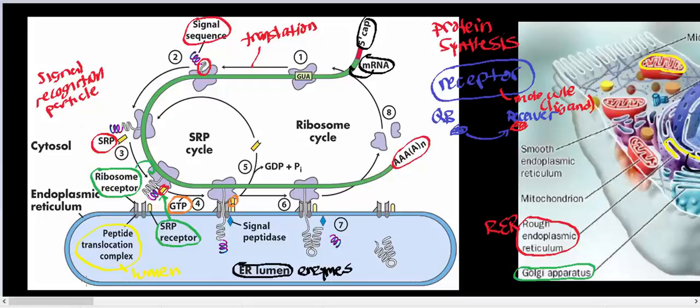We're going to have analogous things in the rough ER function. What I want you to do is imagine the peptide translocation complex as your thumb and index finger. Imagine the signal sequence, the thing that's in purple and blue, this thing right here.